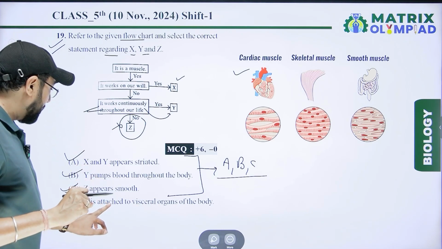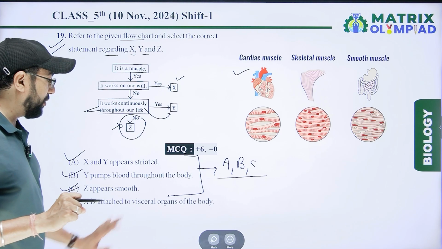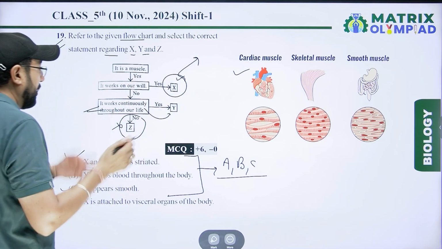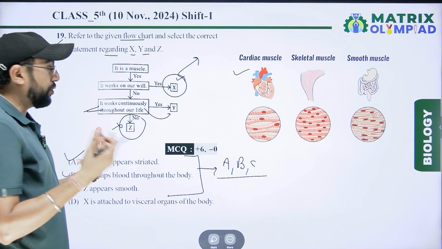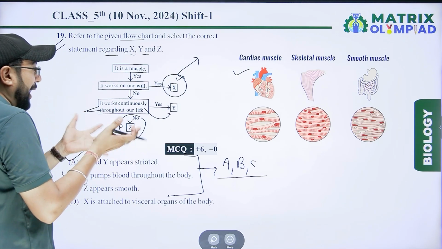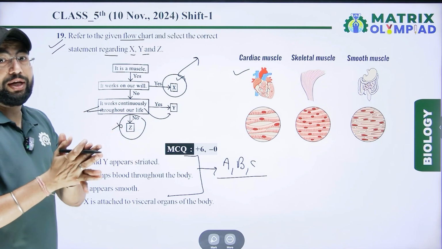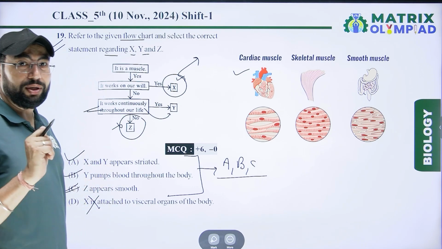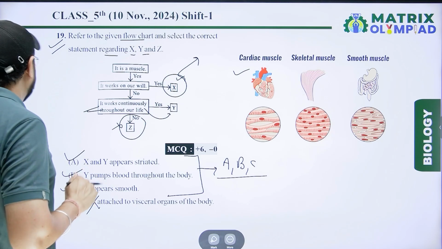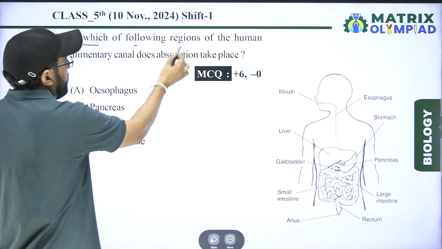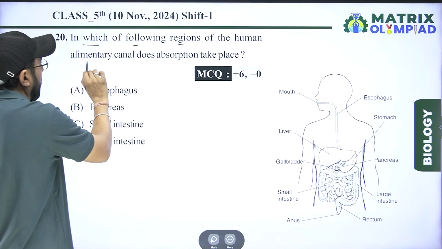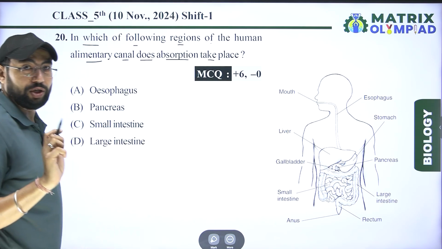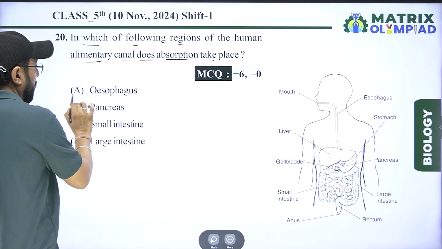X is attached to the visceral organs of the body. X, no. Because it works on our will. So, many organs work involuntarily. So X is not right for this condition. Next. In which of the following regions of the human alimentary canal does absorption take place?